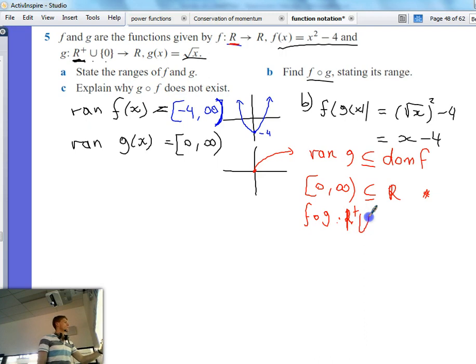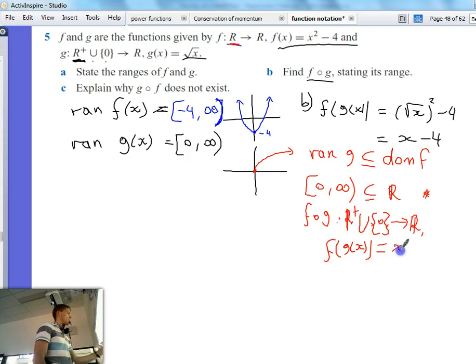Positive real numbers with element 0 goes to the codomain for f of g of x equals x minus 4. And there we have it. So we've found f of g.